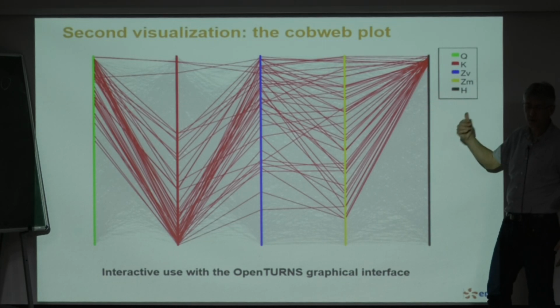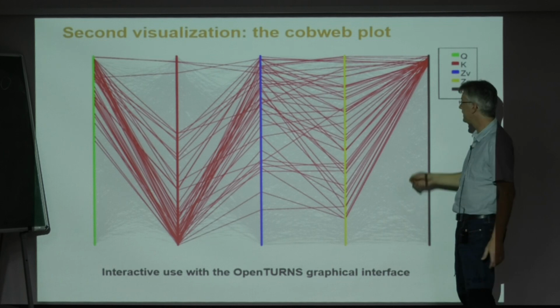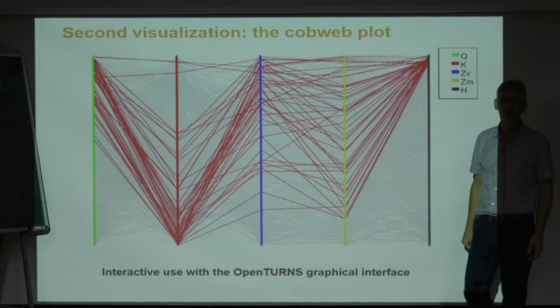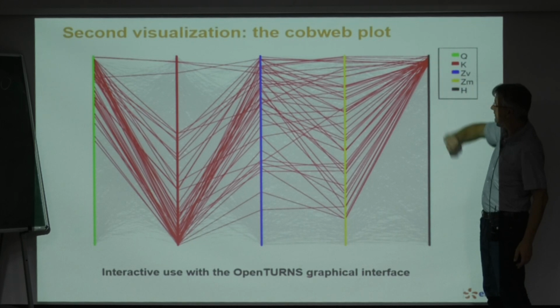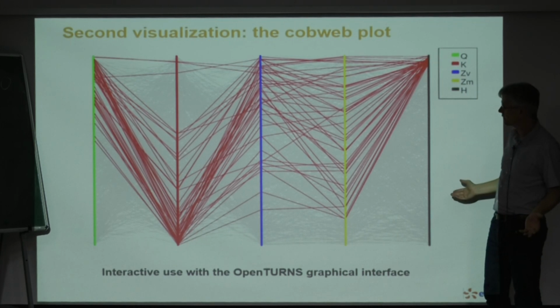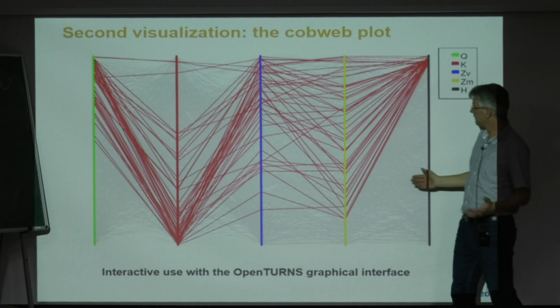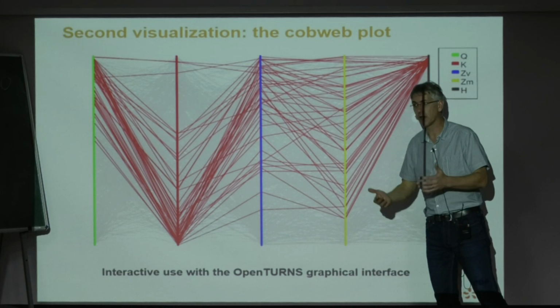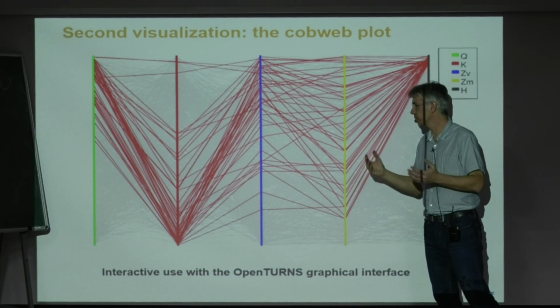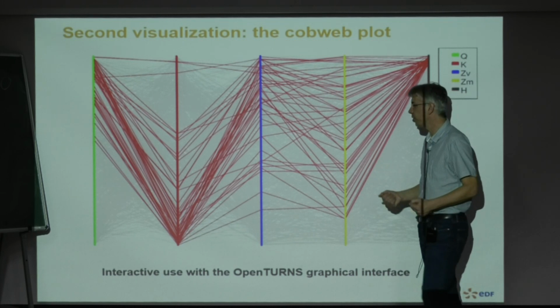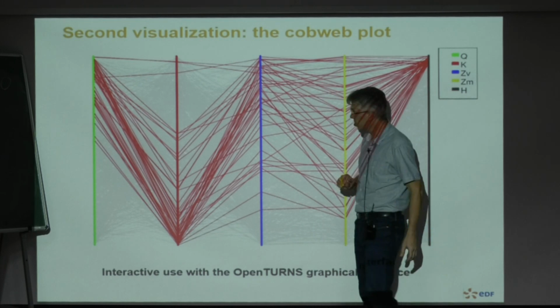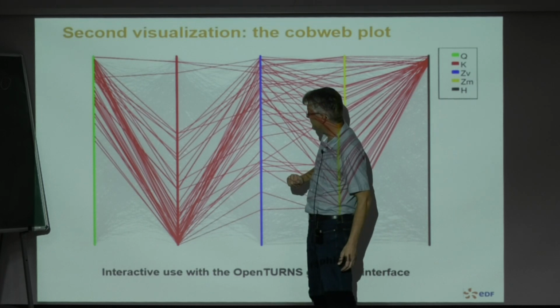I am interested in knowing which combinations of inputs lead to high values of outputs. So I just illuminate this in red, and I see automatically a kind of density. After, we can make, I think, more mathematical analysis on the density of points, but I just show the elementary tool.